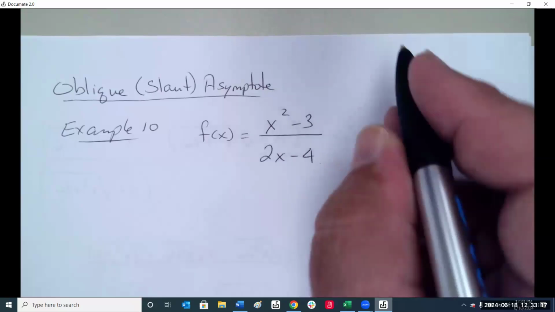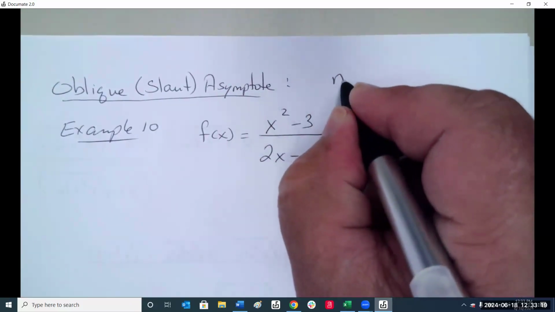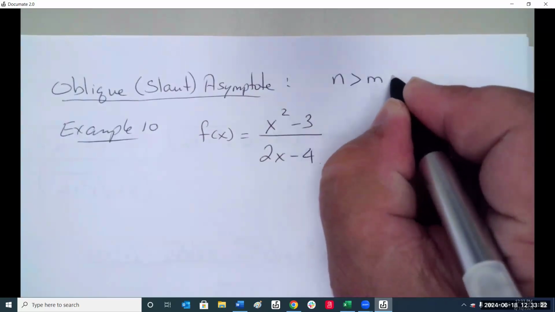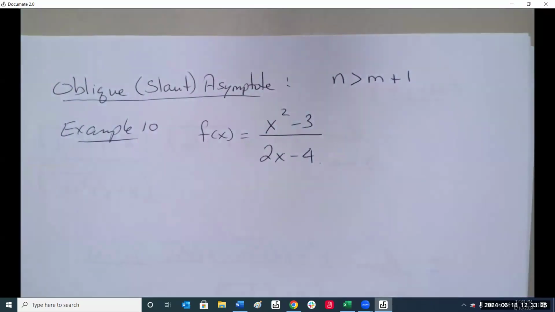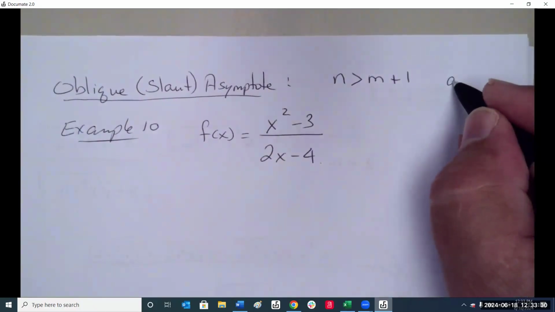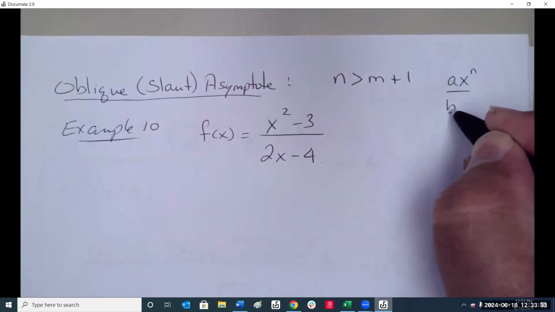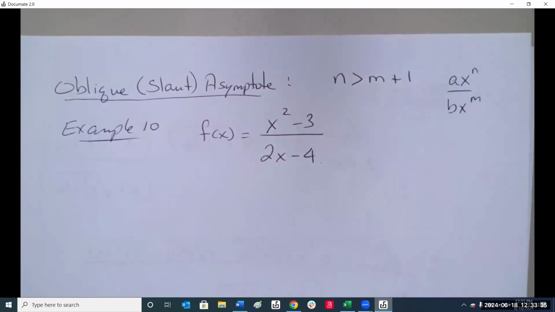Oblique asymptotes occur when n is bigger than m by 1. In other words, if the exponent on top is bigger than the exponent on the bottom by 1, then we have what's called an oblique asymptote. How do we find the oblique asymptote? Because you can either have a horizontal or an oblique asymptote.